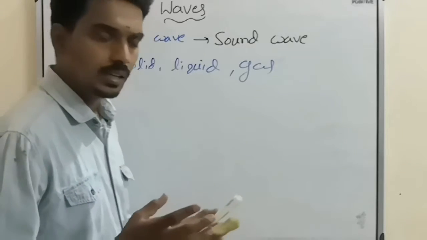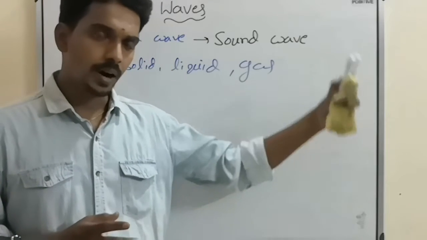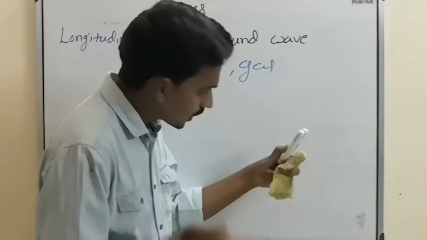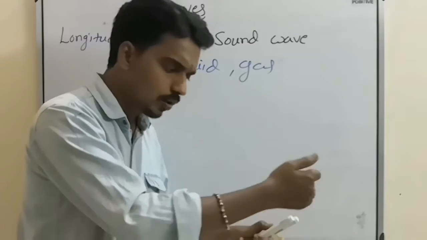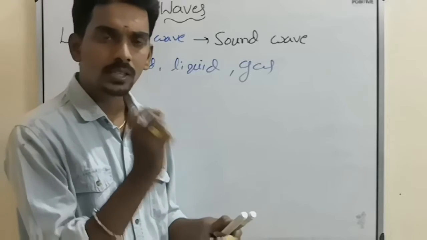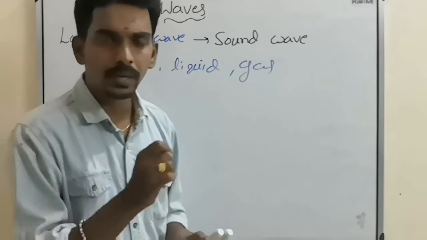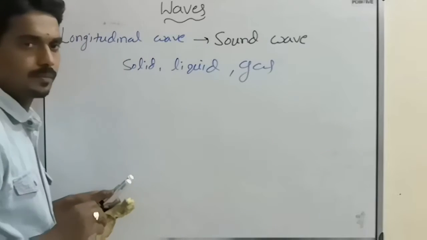Consider a railway track: when the train is somewhat far away and you keep your ear on the track, you can hear the vibrations, because that sound is traveling through the track, which is solid material. That's why sound travels through all these three states.